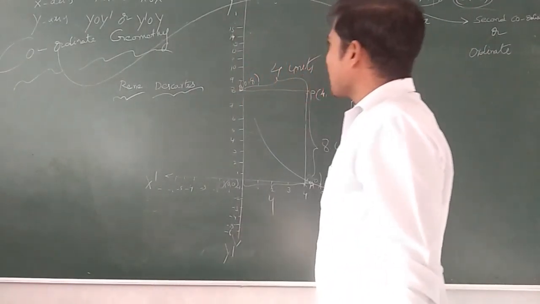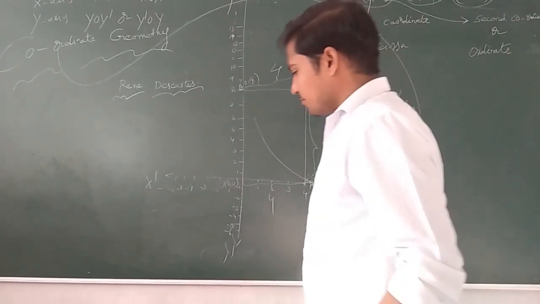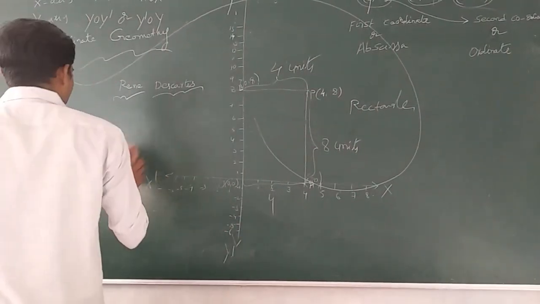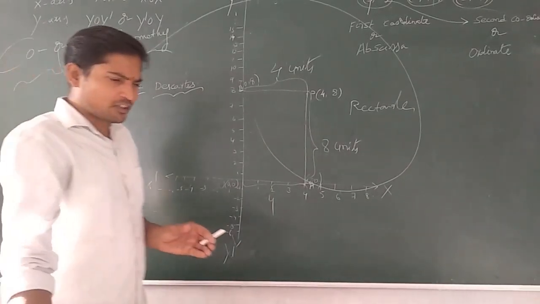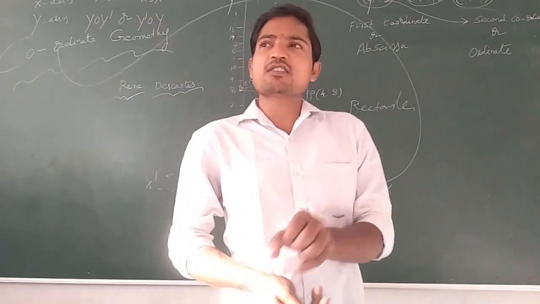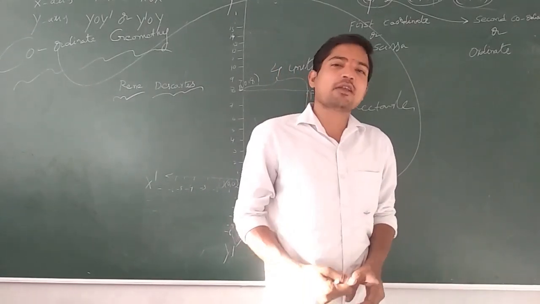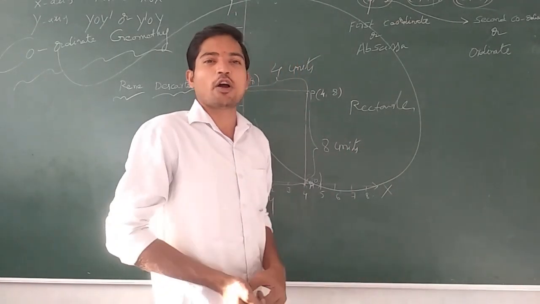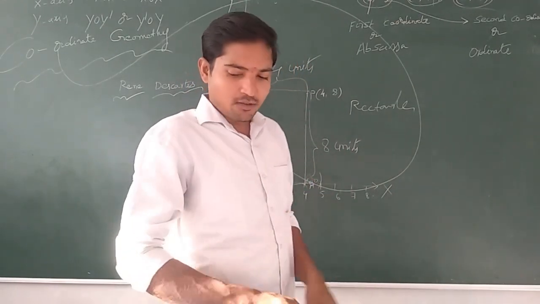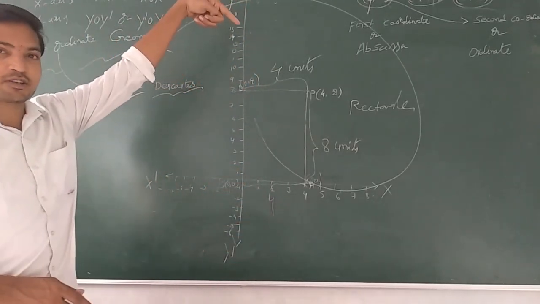So, in coordinate geometry, let us see how the points behave. And with the help of the coordinate points, we'll find areas and perimeters and everything. The distance between 2 points, such things will be calculated with the help of coordinate geometry.